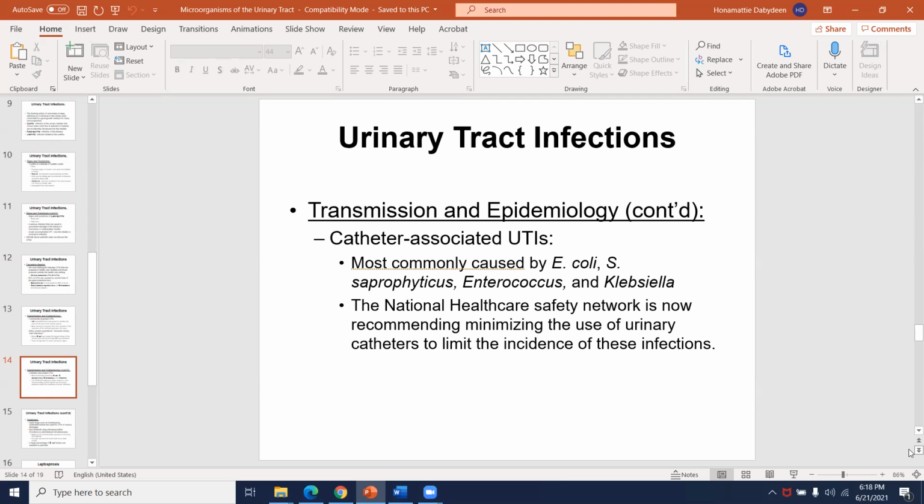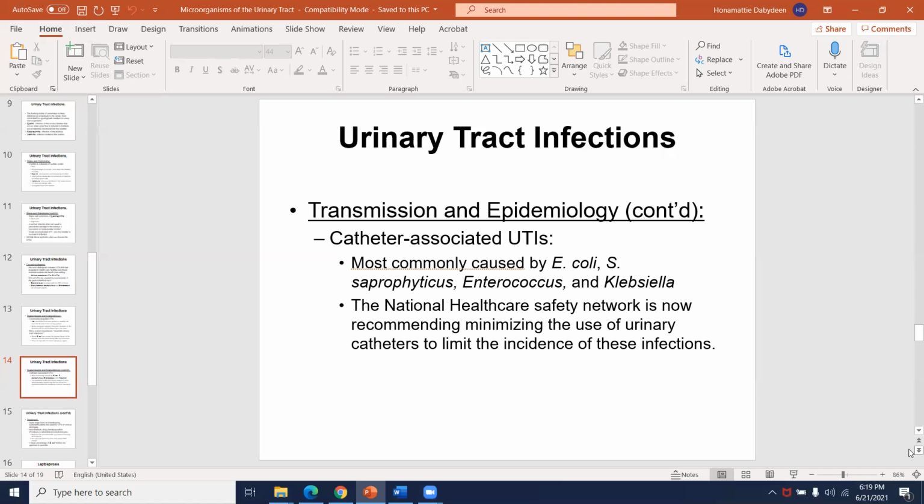But most of the time, you could be doing a good job inserting the catheter, but if it's not maintained properly, you being nurses or going to be nurses will be trained as to how long you can put the catheter in and let it stay there, how often you have to change it, how often you have to go and make sure that you clean the tubings and whatnot.